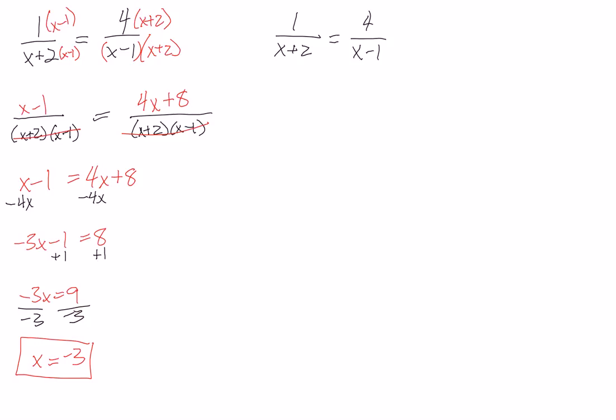So you'd have 4 times x plus 2 equal to 1 times x minus 1. And when we multiply those out, 4x plus 8 equals x minus 1. We get the exact same equation that we just solved.